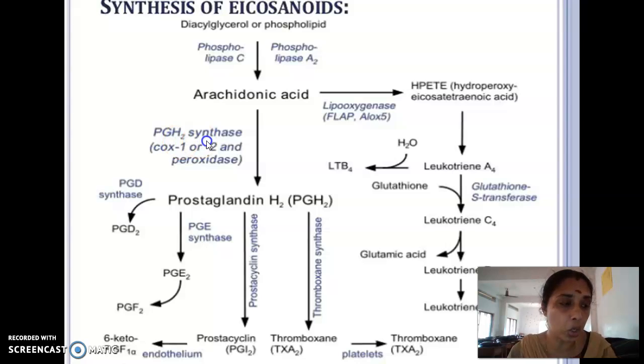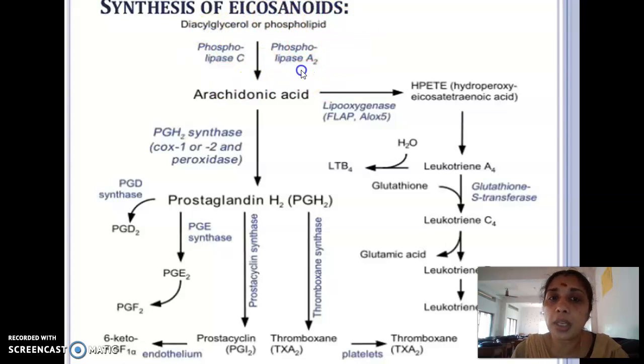So COX1 and COX2. The rate limiting step is phospholipase A2 or, in case of DAG, phospholipase C, which forms the rate limiting enzyme of the pathway. Whether the synthesis has to be carried out or not is decided by the regulatory enzyme, the rate limiting enzyme, phospholipase C in case of DAG and phospholipase A2 in case of phospholipids, right?